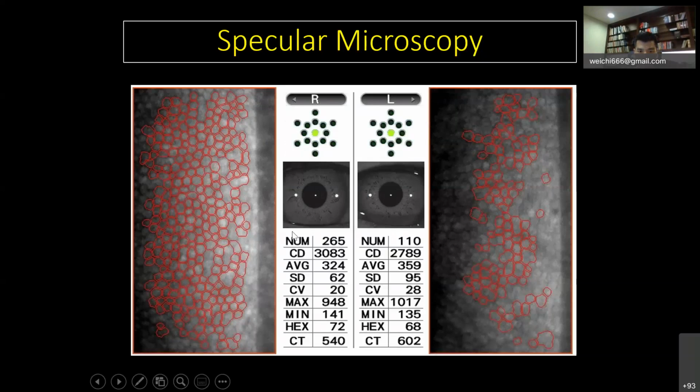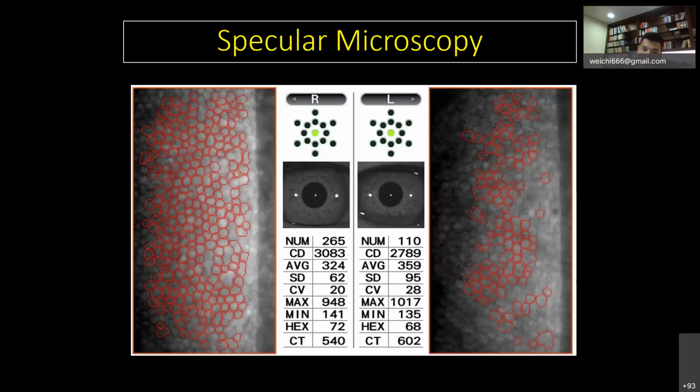And you could see the number here, their density. For example, in this case the patient's right eye has a density of 3,883, and the left eye has 2,789. So the left eye has a lower density compared to the right eye.